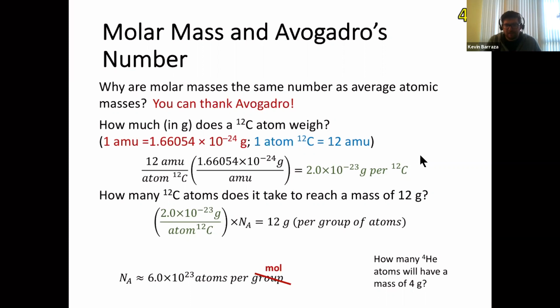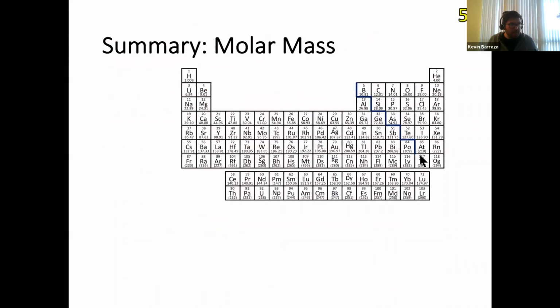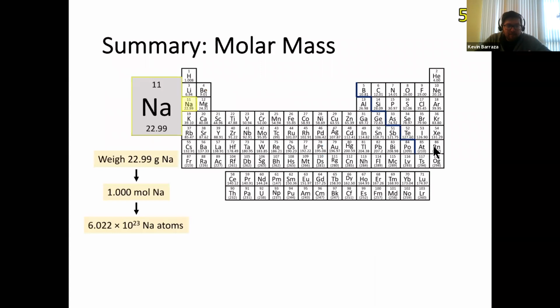The reason why Avogadro's number is such a specific number is because it makes the conversion from grams to AMU perfect. All we do is replace the AMU with grams per mole. So what does this mean? It means that our lives get really nice, really easy. If I look at my periodic table and I take, for example, sodium, I see 22.99. We learned yesterday that 22.99 is the average weight of a sodium atom in AMU.